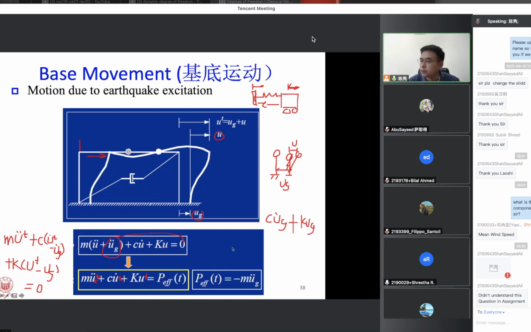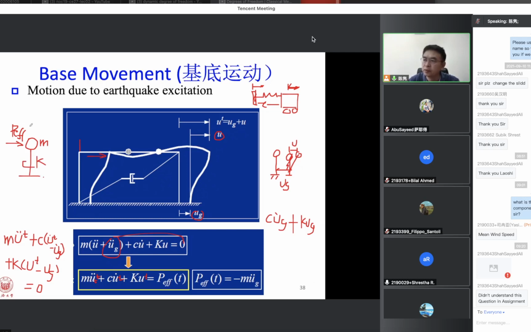Oh, it's like this. We will not use this again in this figure. If you have this equivalent force, let me roll this again. It's too difficult to scroll online. Finally it is like this. You have the force applied here, which is P effective, which means we change this base motion case into a normal case, like you have M here, you have K, you have C. Just now you had the movement of the basement here, right?